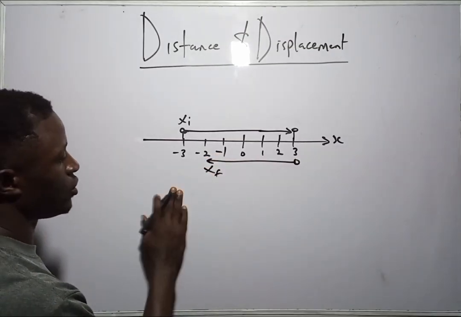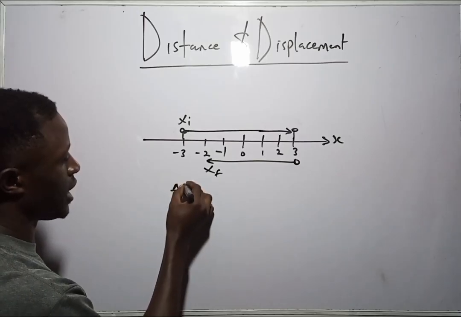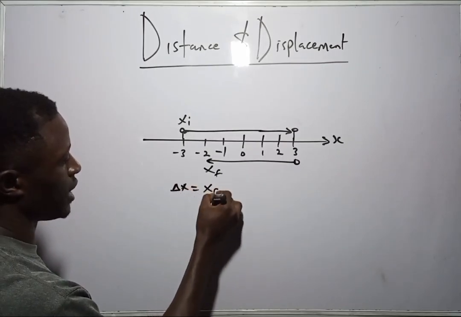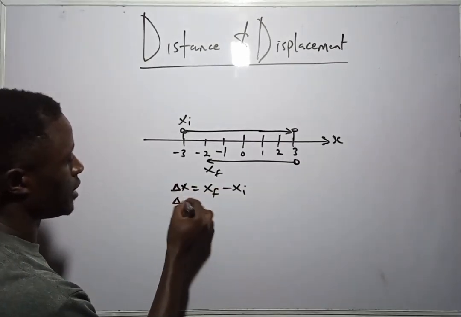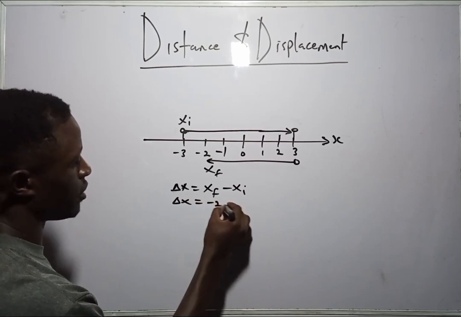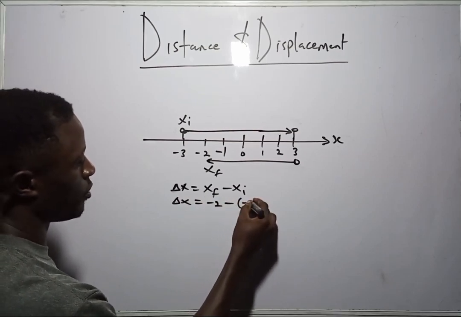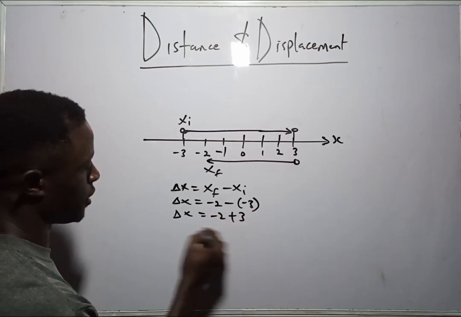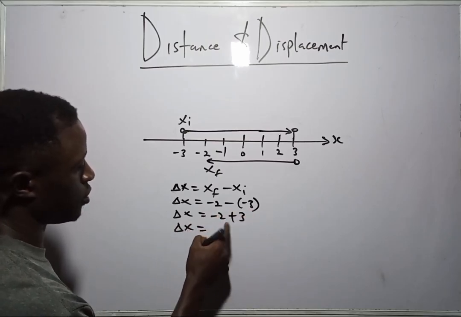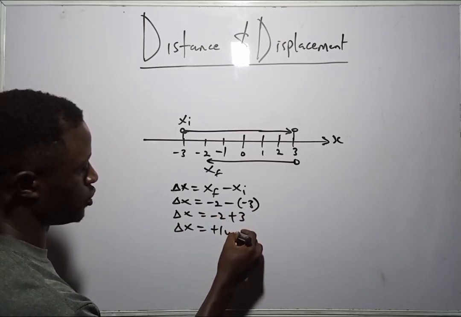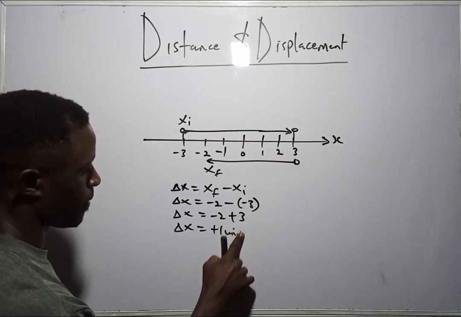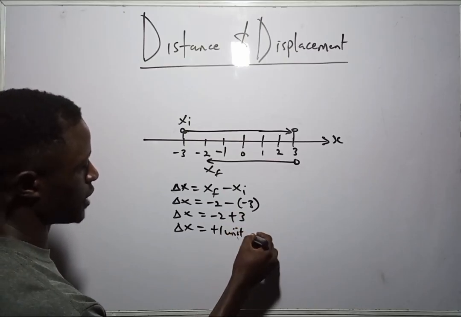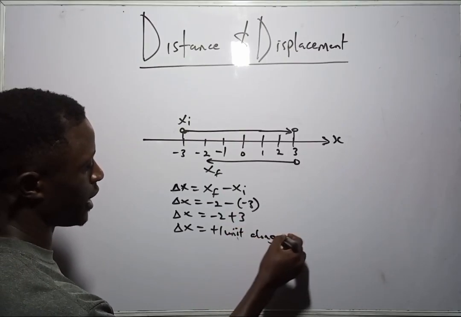This will be my new final position. dx in this case is going to be xf minus xi. dx is equal to xf, which is -2, minus open bracket -3. dx is equal to -2 plus 3. dx is equal to +1 unit, still along x.